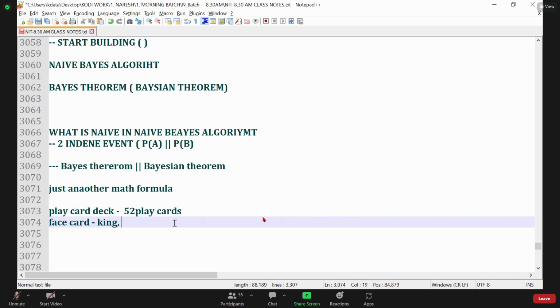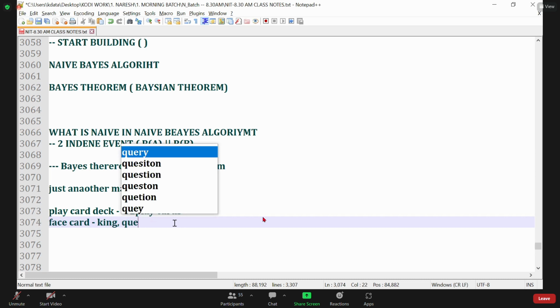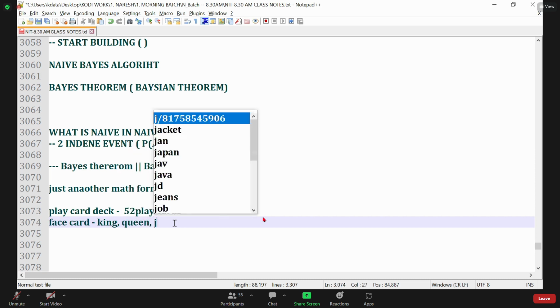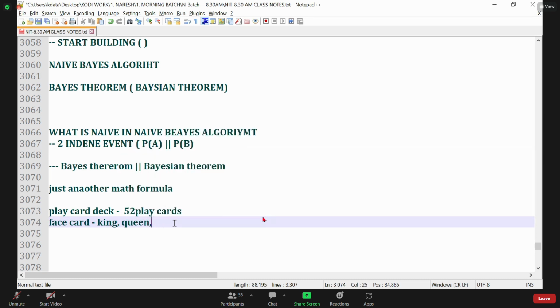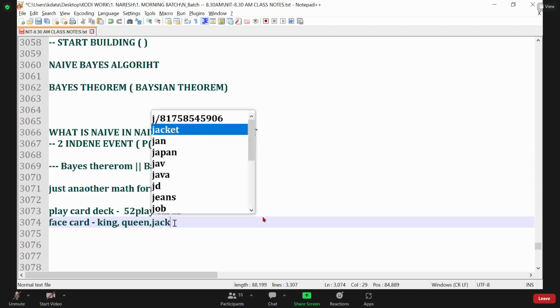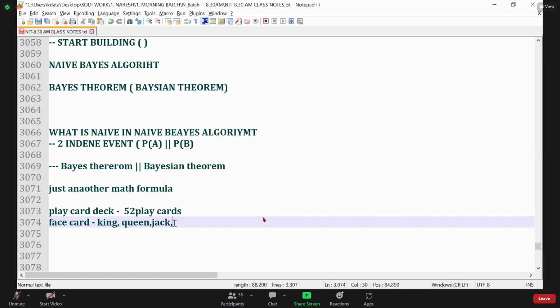King, Queen, and Jack. No, the Joker you cannot consider a face card, since you have the entire body. And Ace is not a face card. Are you getting my point? So in a deck we have 52 cards, but the face cards are King, Queen, and Jack: K, Q, J.